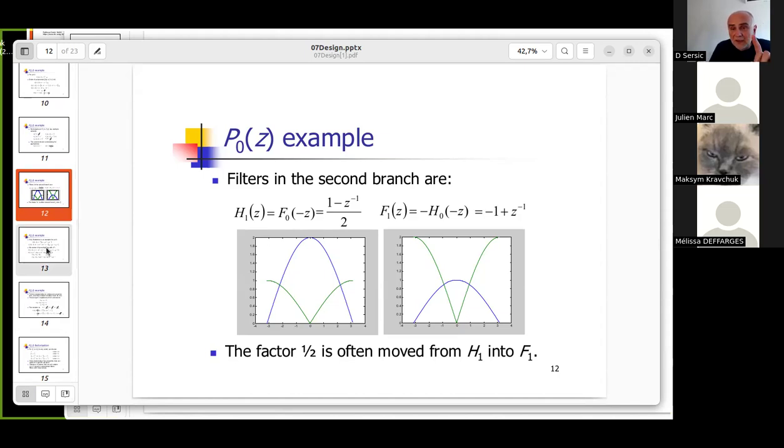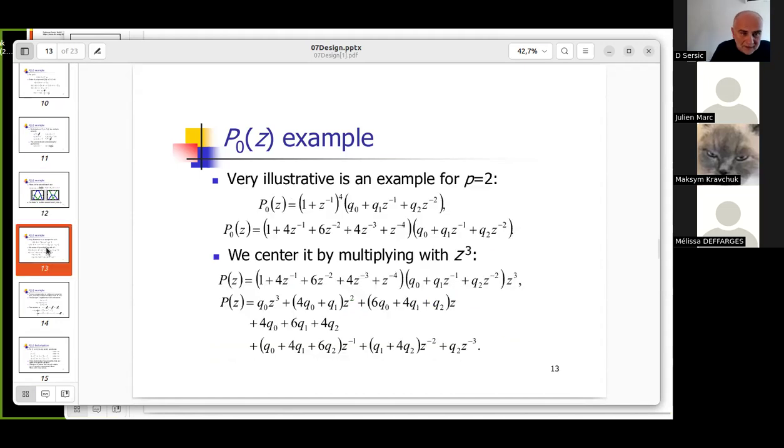Let P be 2. So our exponent will be 2 times 2, 4. Let's check it out. So we have the same binomial to the power of 4. 2 times 2 minus 1 minus 2, sorry, equals 2, which means that the minimum size q is of order 2.